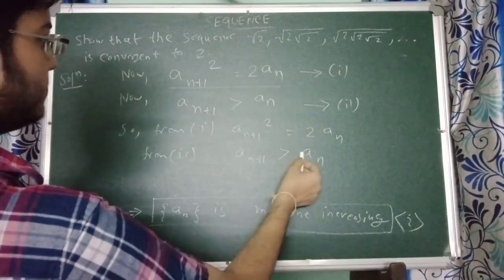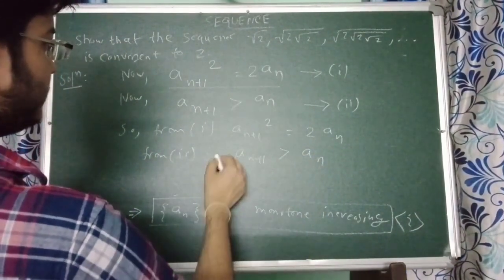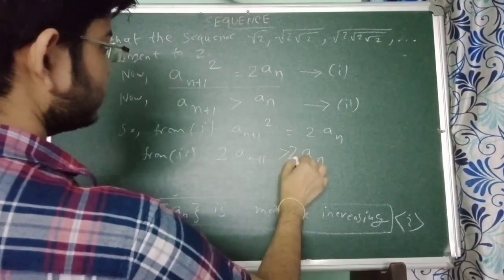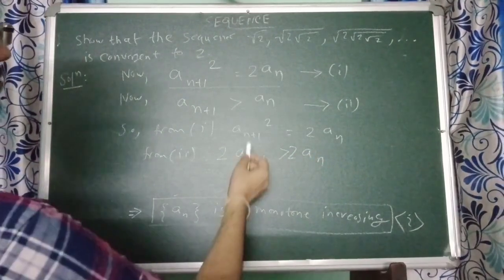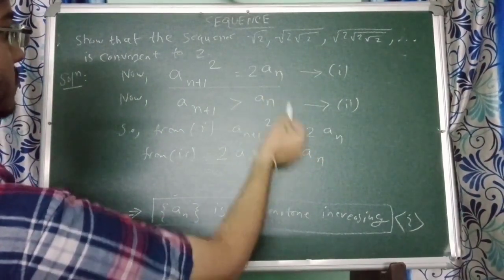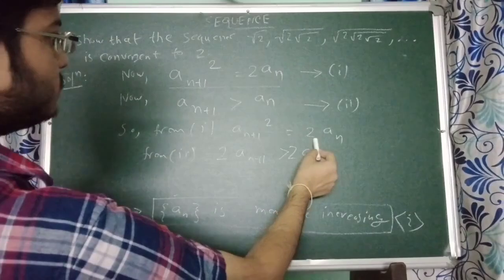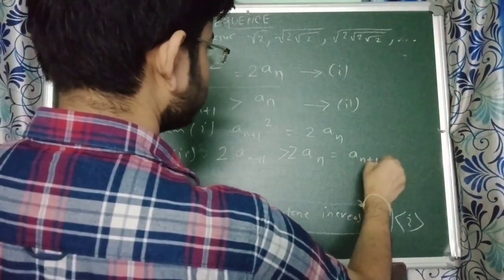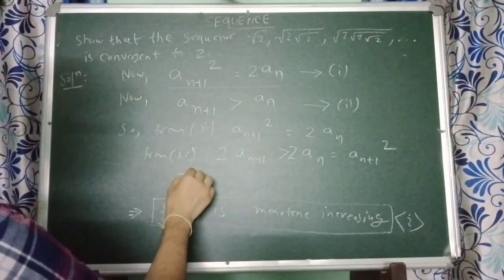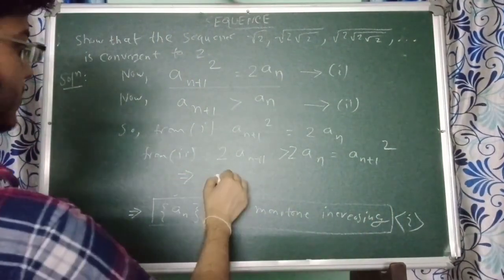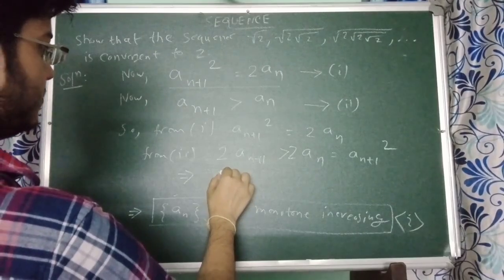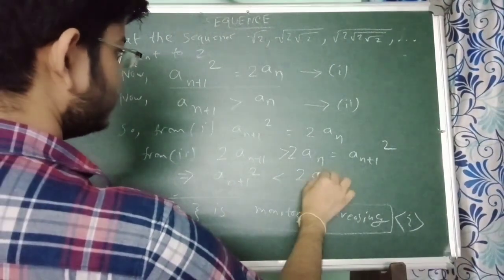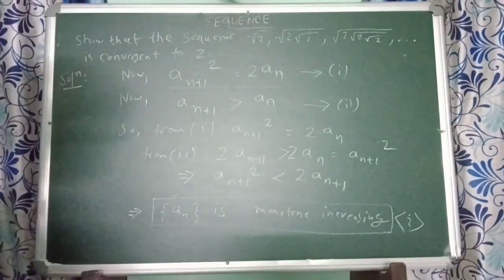Now if we multiply both sides by the positive quantity 2, then the inequality becomes 2 into a_{n+1} is greater than 2 into a_n, and from 1 we already see that 2a_n equals a_{n+1} squared. So this shows that a_{n+1} squared is strictly less than 2 into a_{n+1}.